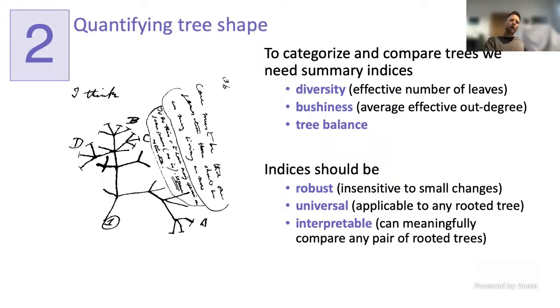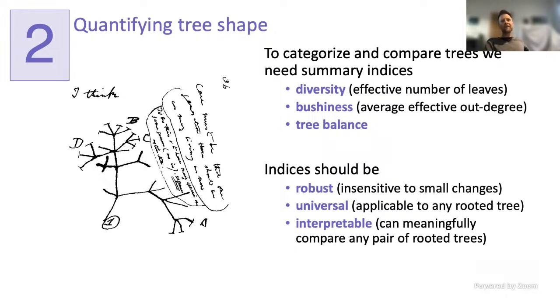We want to be able to apply these indices to absolutely any rooted tree, not conditional on the degree distribution or various other properties of the tree. And the third one is we want these indices to be interpretable. So we can meaningfully compare any pair of rooted trees, and where we see an index value is larger for one tree than the other, we can explain in words what that means in general terms.